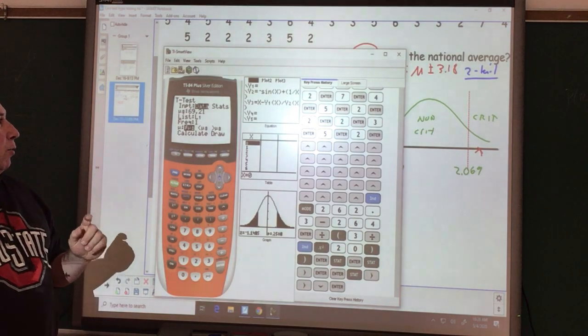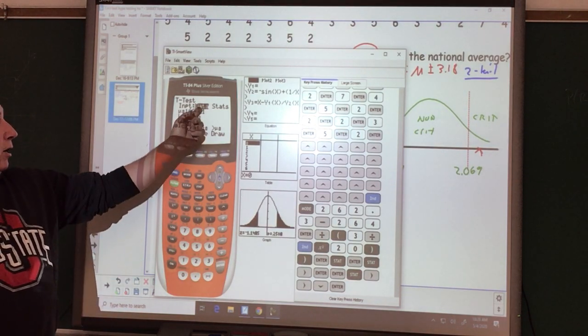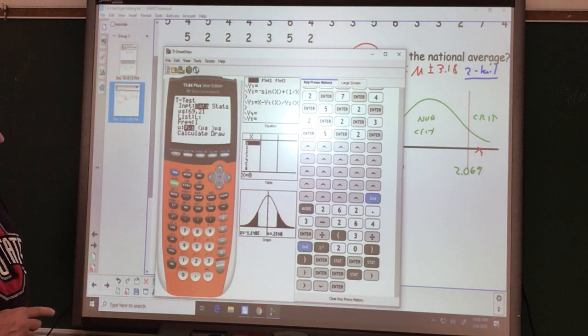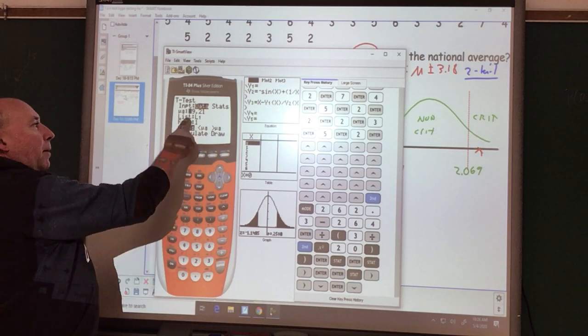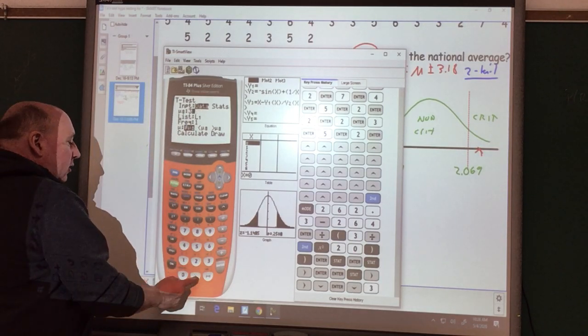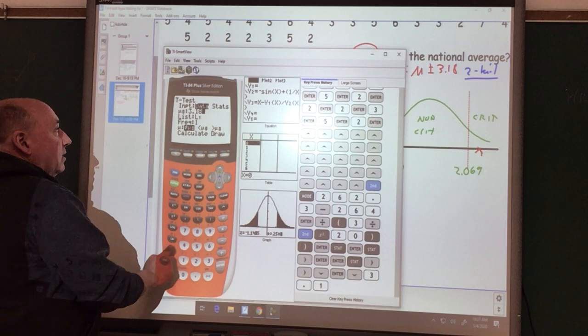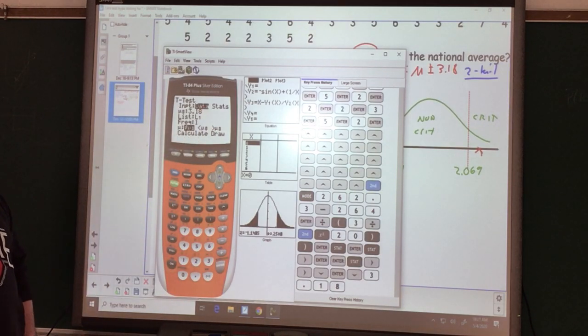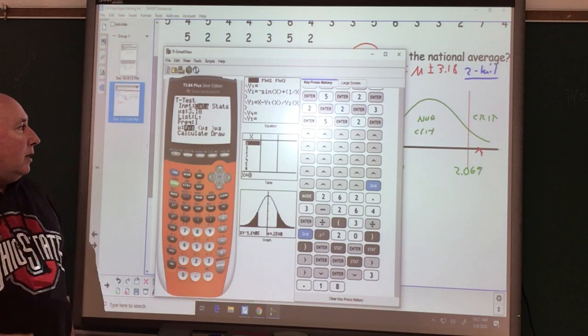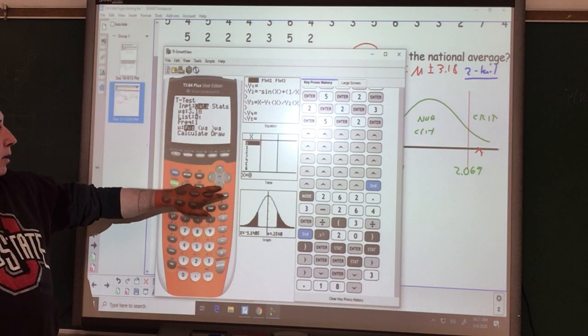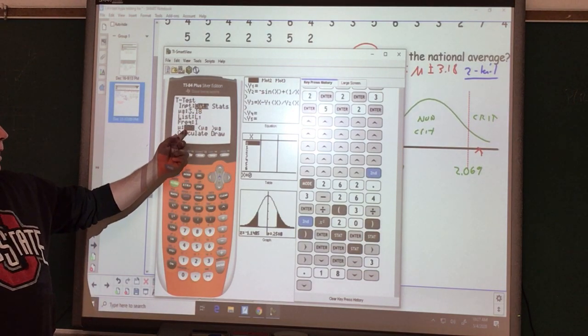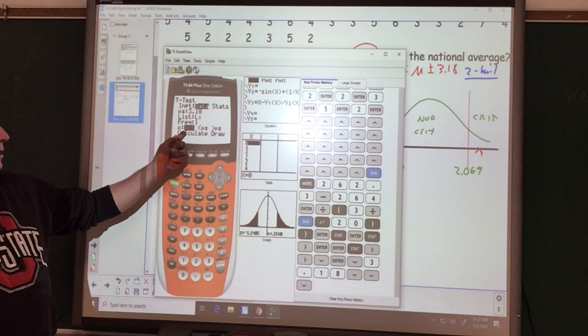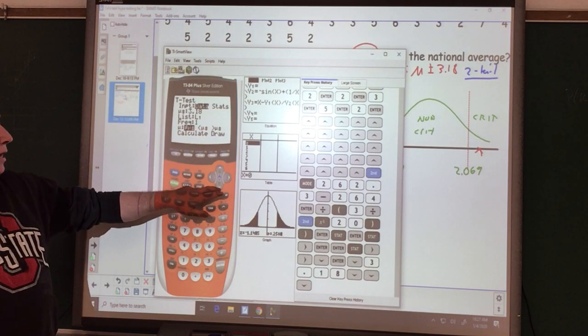But what your calculator will do for you is we can also do data here. Our population mean is 3.18. And we're pulling a list from L1. That's the list that we put everything into. My alternate hypothesis is not equal to, so I have that, and let's go down to calculate.